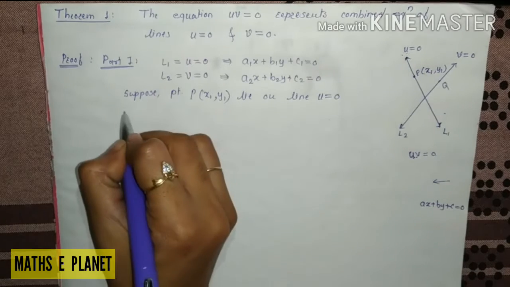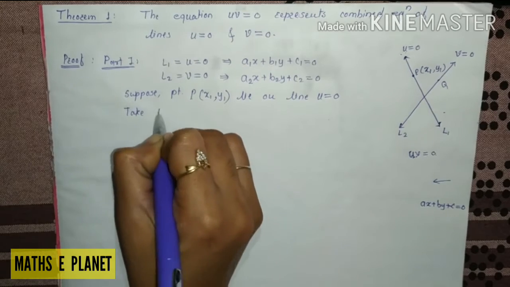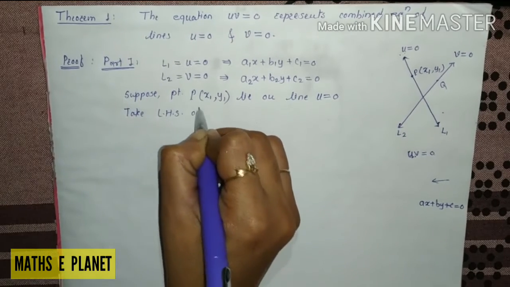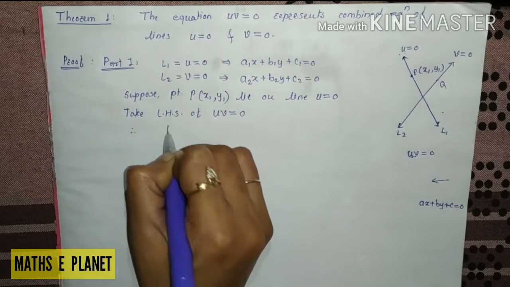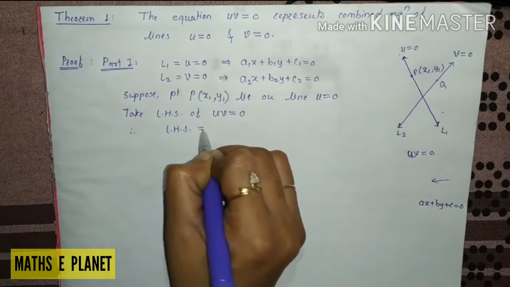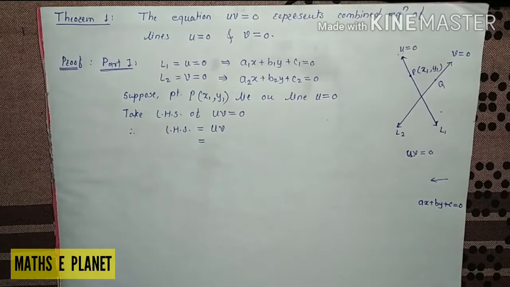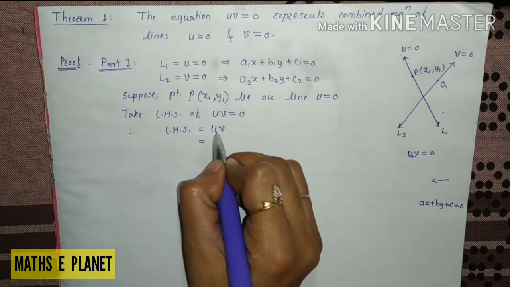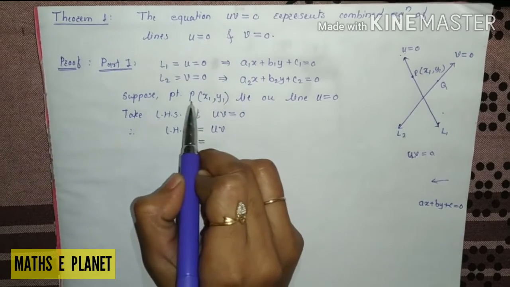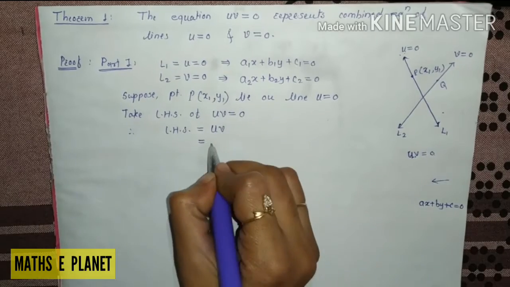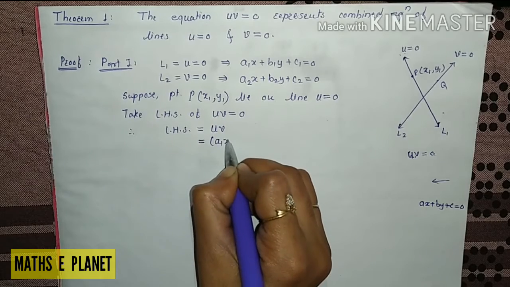So take the LHS of u into v is equal to 0. Therefore, the left hand side is u into v. What will it be? For the line u is equal to 0 and for the point P x1, y1, u will be a1 x1 plus b1 y1 plus c1.